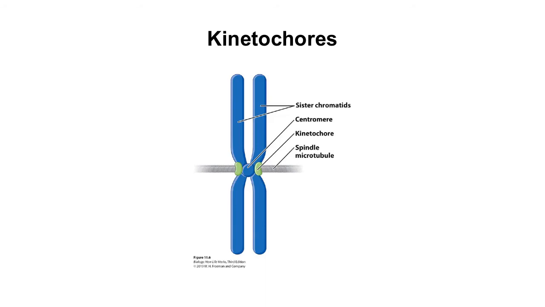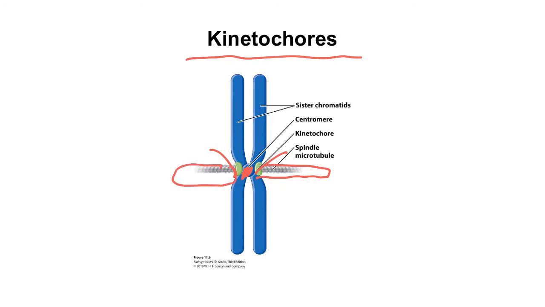Now, two protein complexes called kinetochores are associated with the centromeres. The centromere is here. One on each side of the centromere, colored in green. So there are two complexes of kinetochores associated with the centromeres on both sides, and they form the site of attachment for the spindle microtubules.